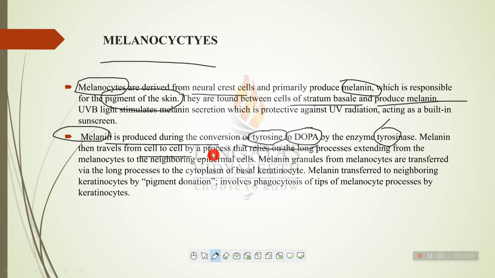It then travels from cell to cell by a process that relies on long processes. The melanin granules from melanocytes are transferred by the long process to the cytoplasm of the basal keratinocytes. Then it is transferred to the neighboring cells by the pigment donation process, which involves the phagocytosis of tips of melanocytes.